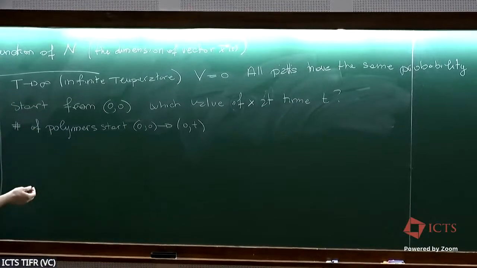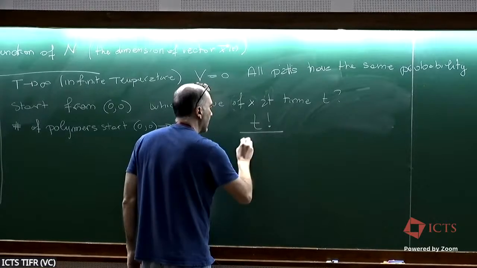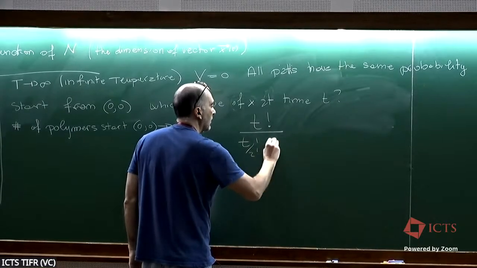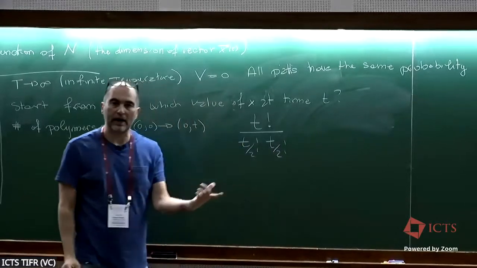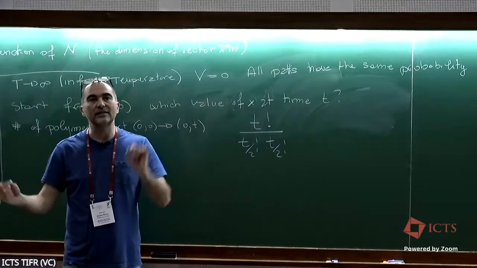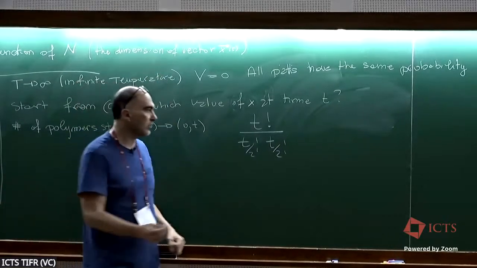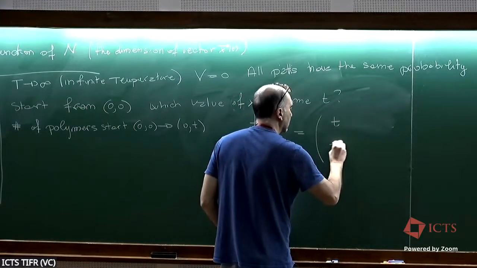This is a calculation: t factorial divided by t over 2 factorial, t over 2 factorial. This is the number of paths, all the paths, which are many, that start in 0 and end up in 0, and this is the binomial coefficient t choose t over 2.